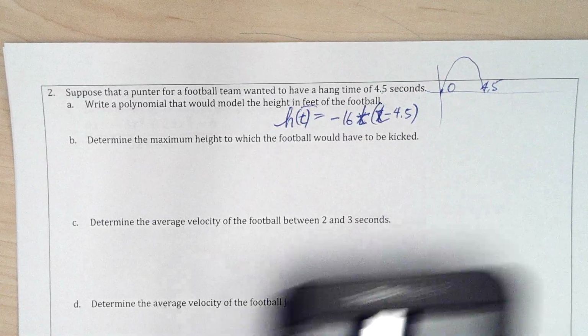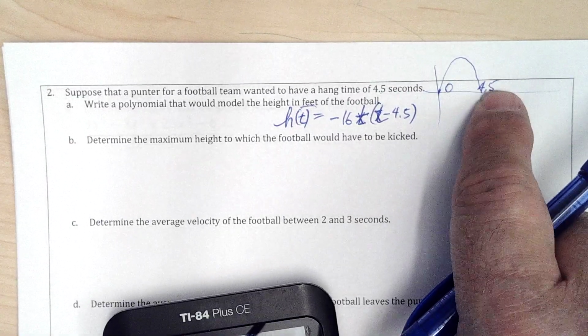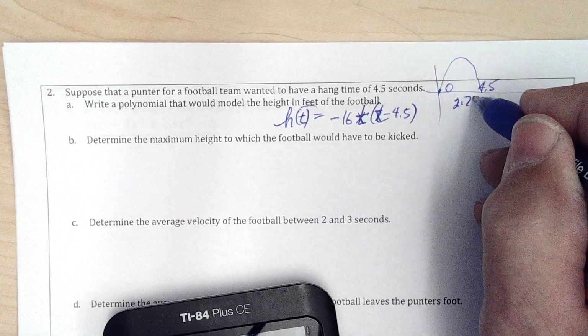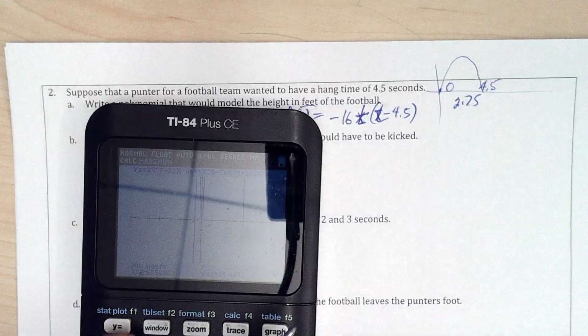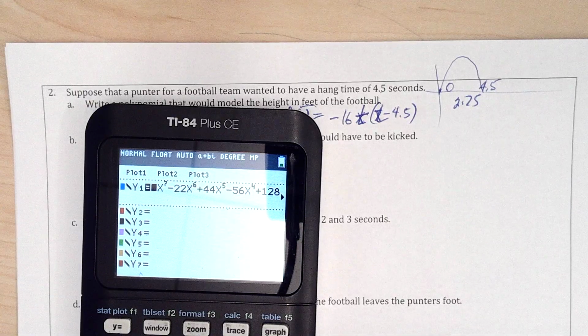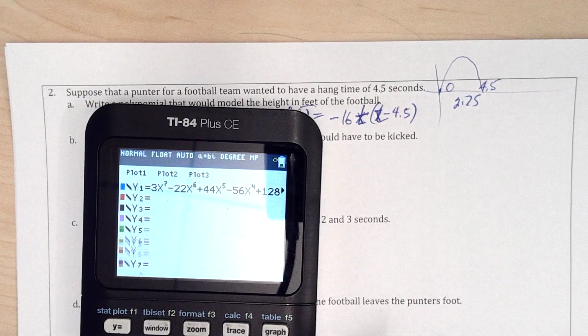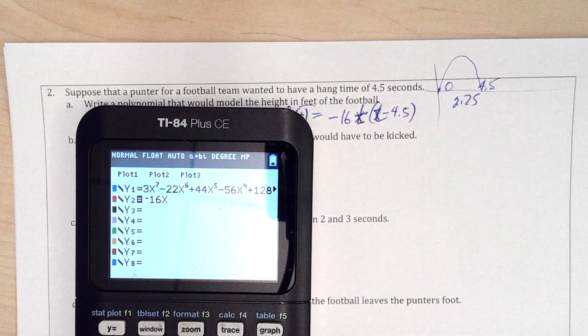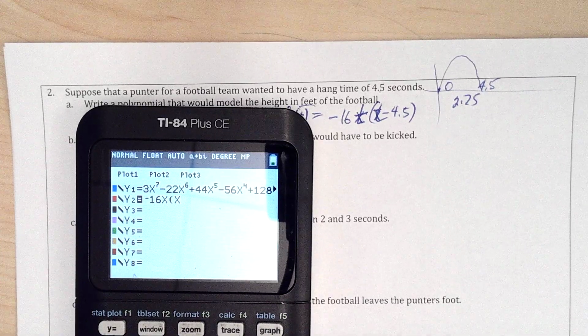Maximum height would happen halfway between 0 and 4.5, which is 2.25. So if I go to my calculator and type in negative 16 x parenthesis x minus 4.5.